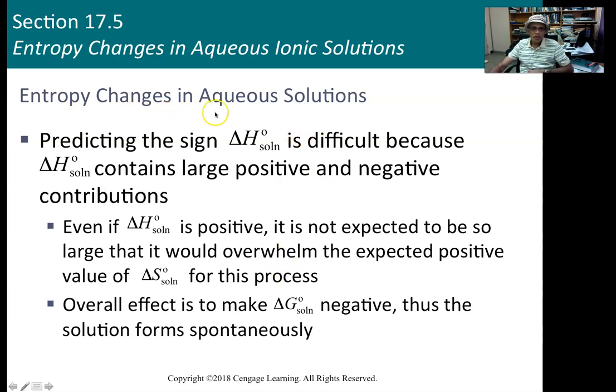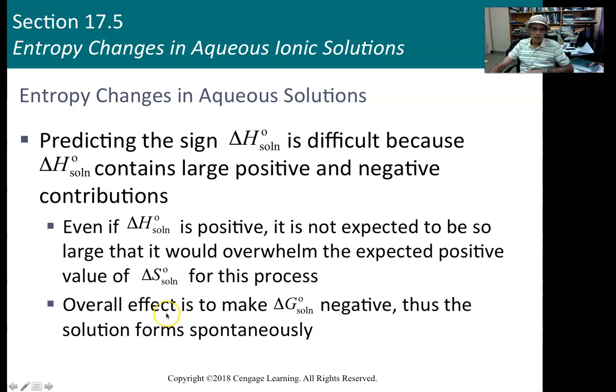Entropy changes in aqueous solutions. Predicting the sign of delta H naught solution is difficult because the delta H naught solution contains large positive and negative contributions. Even if delta H naught solution is positive, it is not expected to be so large that it would overwhelm the expected positive values of delta S naught solution for this process.